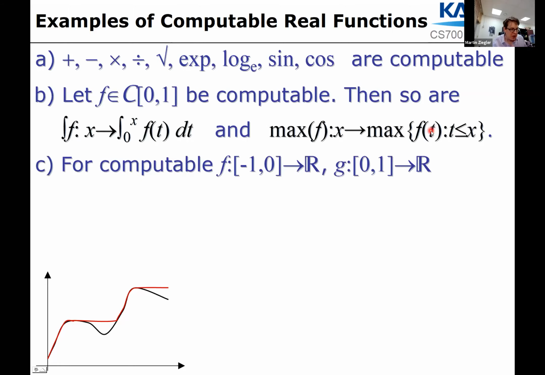We also talked about another operator, namely the join operator, that kind of glues together two functions. Let's call these functions f and g. The first function is defined on the negative unit interval from -1 to 0, and the second function is defined on the positive unit interval from 0 to 1.